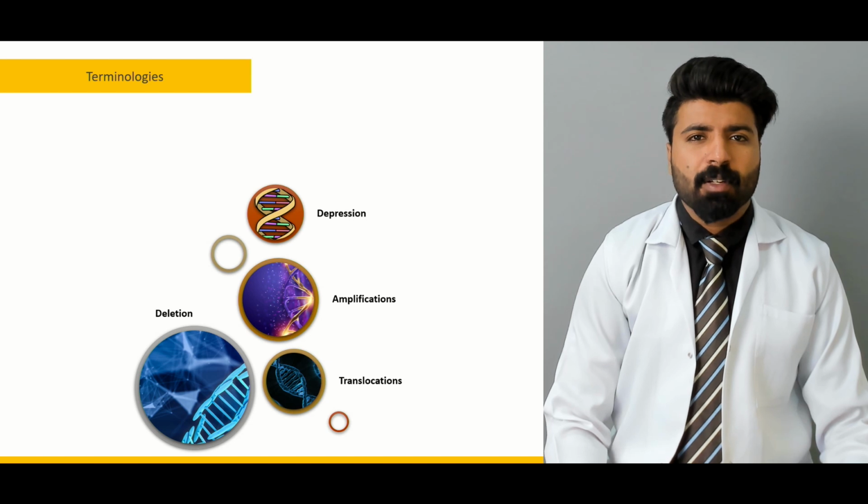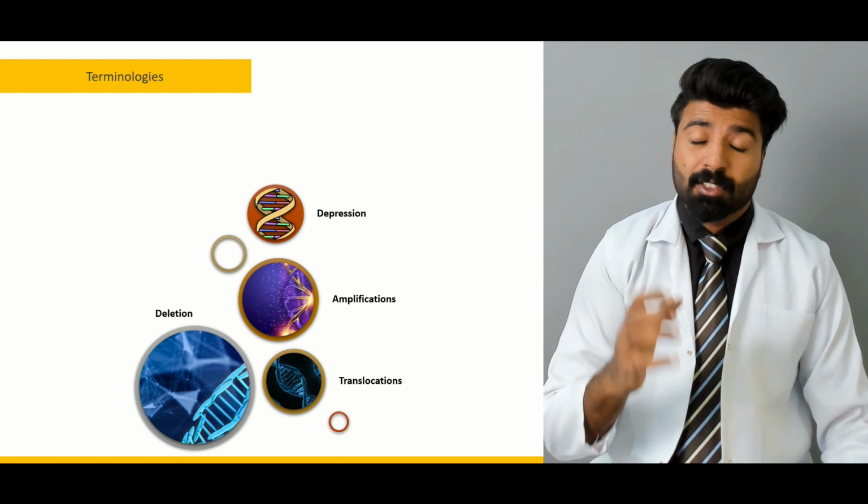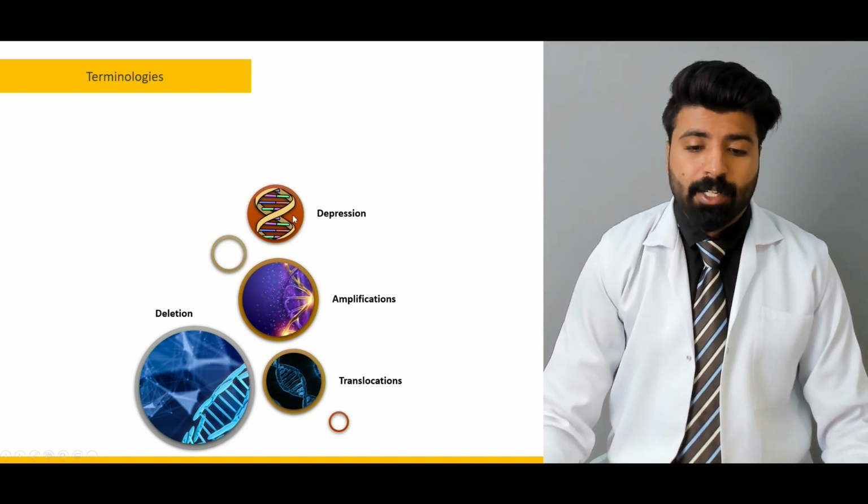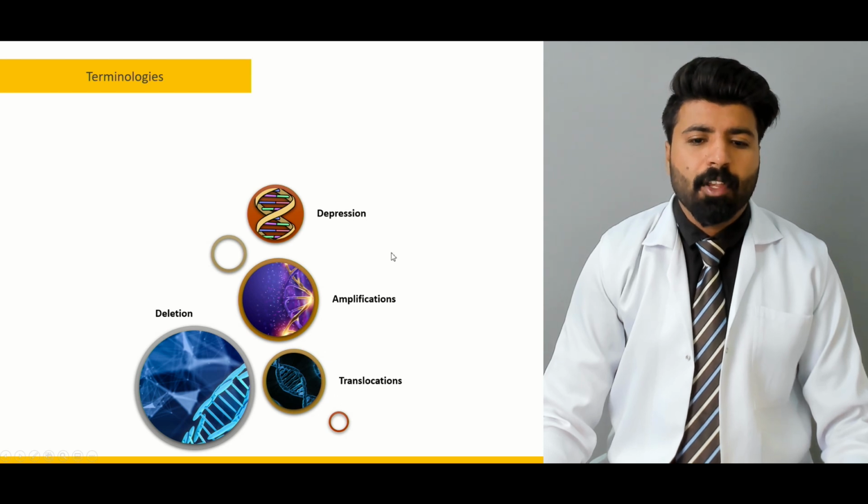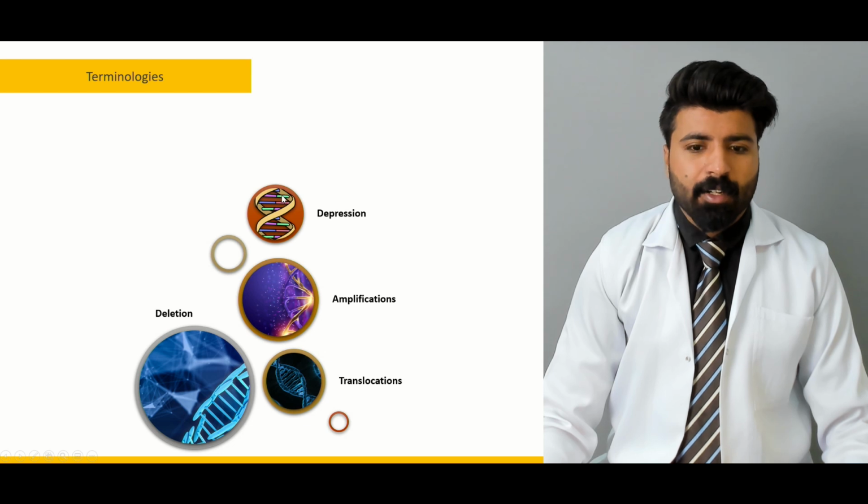Next on, we have depression. For example, we can correlate depression with translocation. For example, if this part of the DNA is activated, but it got translocated with this part of the DNA. Now it was active, but it was not. Now when it's shifted here, it's activated now.